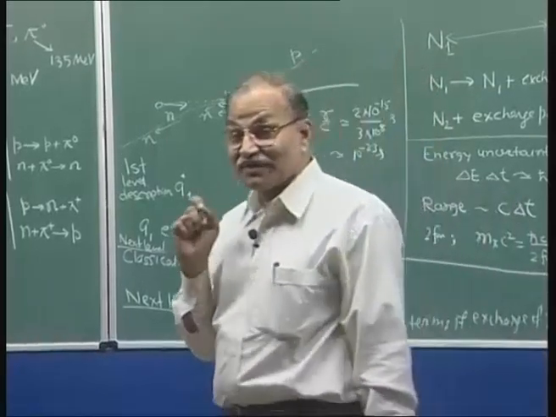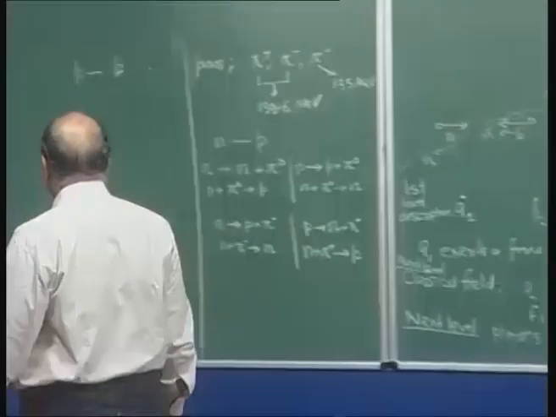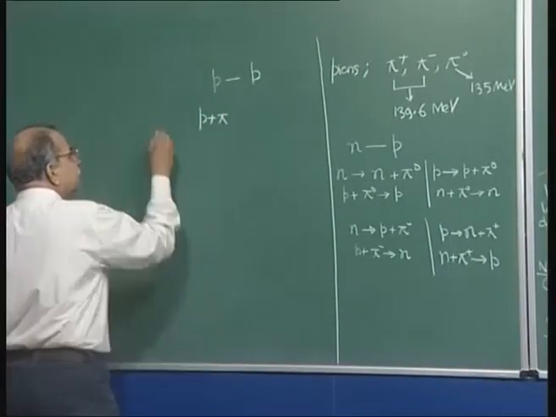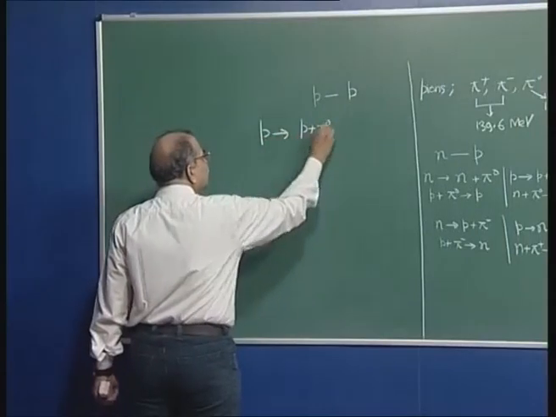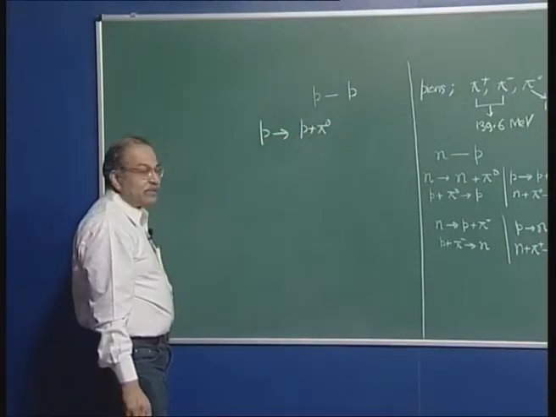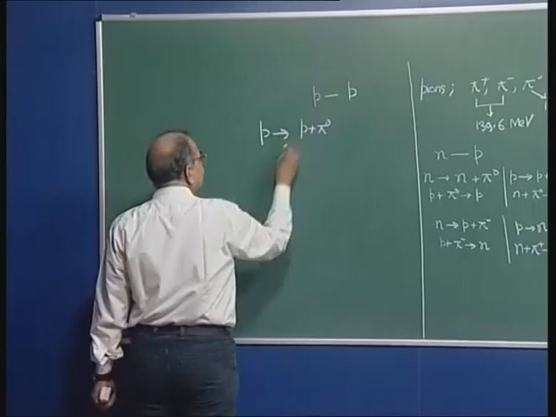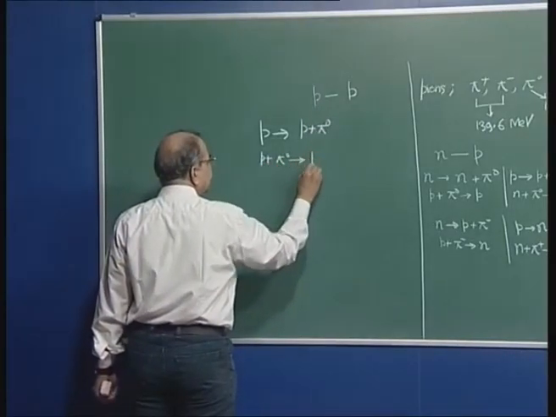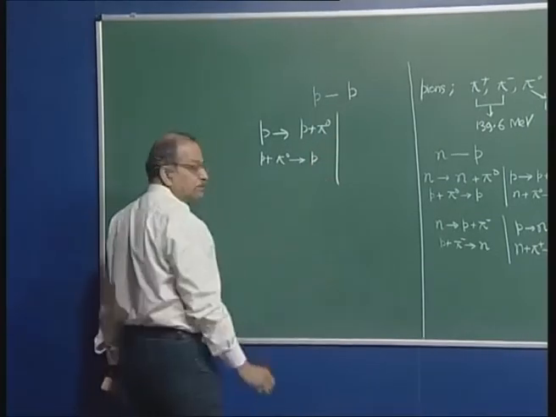Yes, neutral pion. It has to be neutral pion, nothing else. P emits a neutral pion and still remains P, and the other P absorbs that pion and still remains P. This is the only possibility.